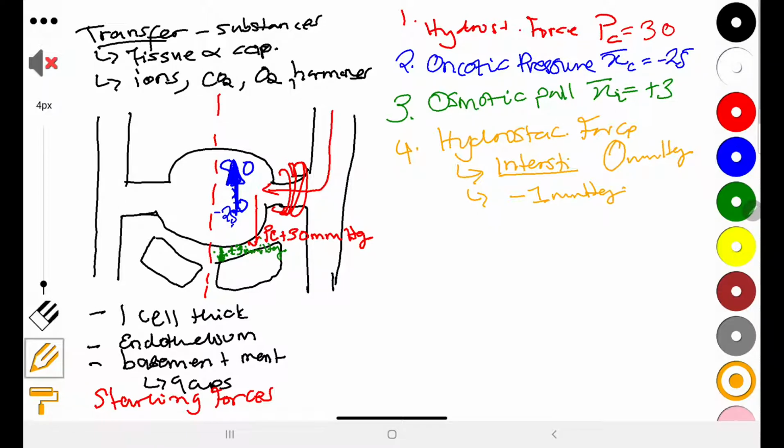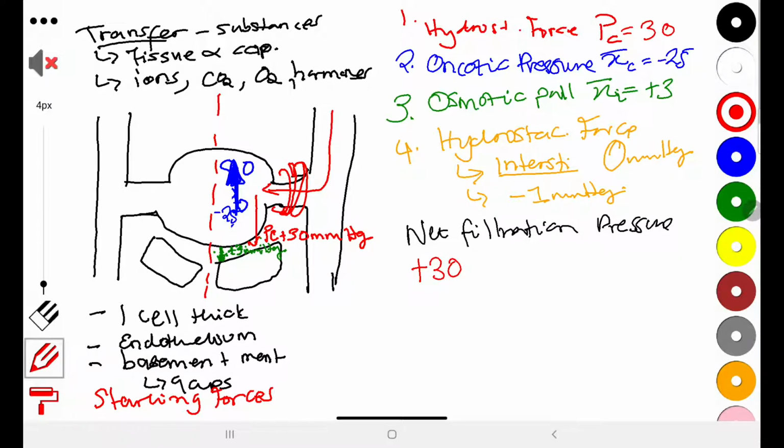And so to see what the net influence is of all these pressures, you want to say net filtration pressure will therefore equal all these pressures. The first one, of course, is positive 30, and then the second one is negative 25, third one is a positive 3, and the last one is about negative 1.